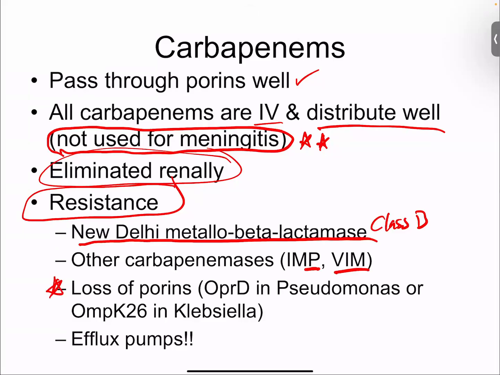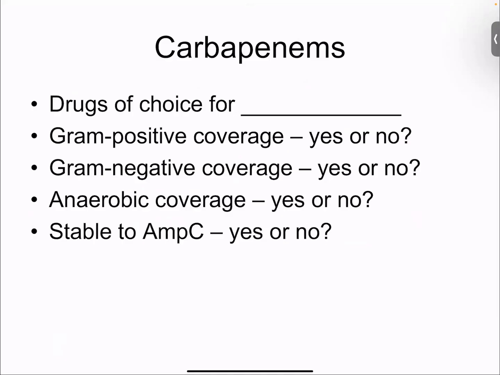Loss of porins confers resistance to the carbapenems. So if we modify or remove the porins in our gram-negative organism, our carbapenems can't get in. Right? And I'm not familiar with a rapid molecular test that can identify porin loss as the resistance mechanism. Okay. And we also have a constellation of efflux pumps that can take the carbapenem from the periplasmic space and pump it right out.